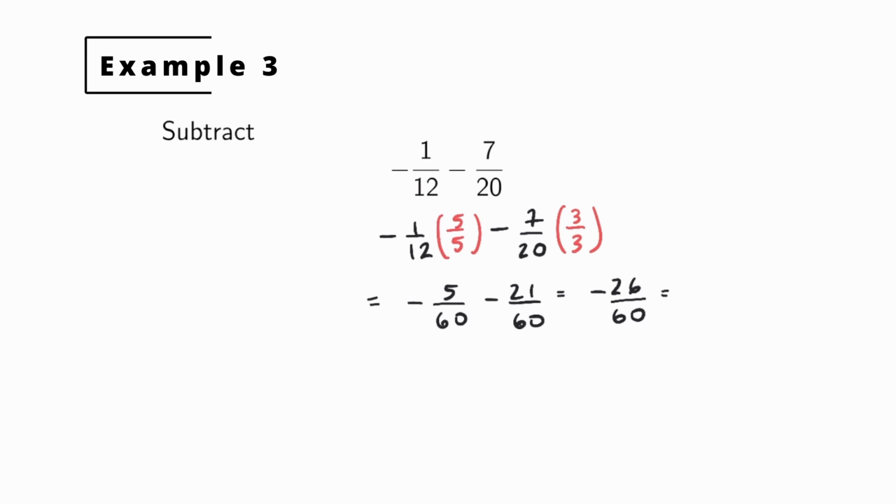So this is -2 times 13 in the numerator, and it's 2 times 30 in the denominator, so I can cancel out that common factor of 2. And that leaves us with -13 over 30. Whether you put the negative sign out in front or in the numerator, it doesn't really matter. In any case, though, that's our final answer.